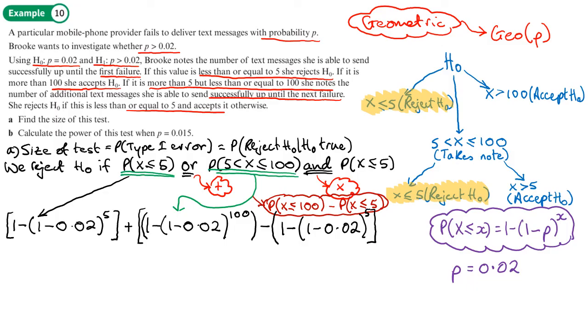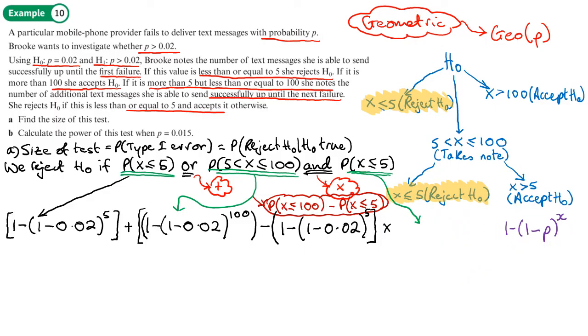Okay, times by this part here. So I'm going to take this away because we don't really need that anymore. Times by the probability that X is less than or equal to 5, which is the same as this again, so 1 minus 0.02 to the power 5.